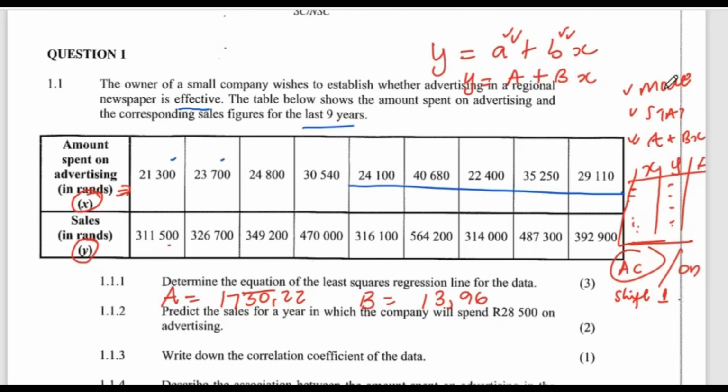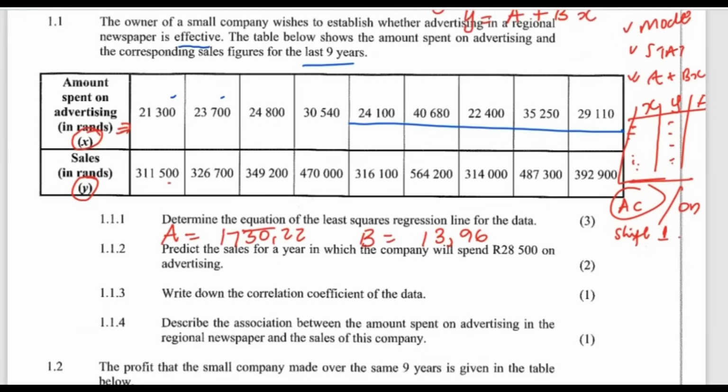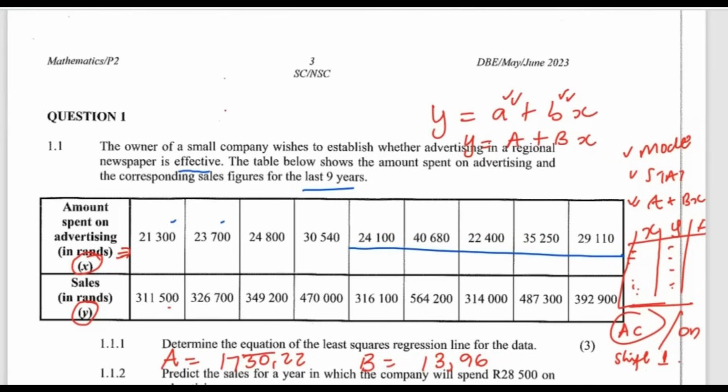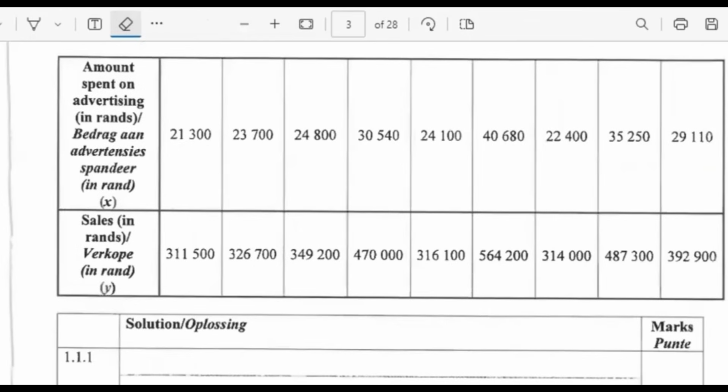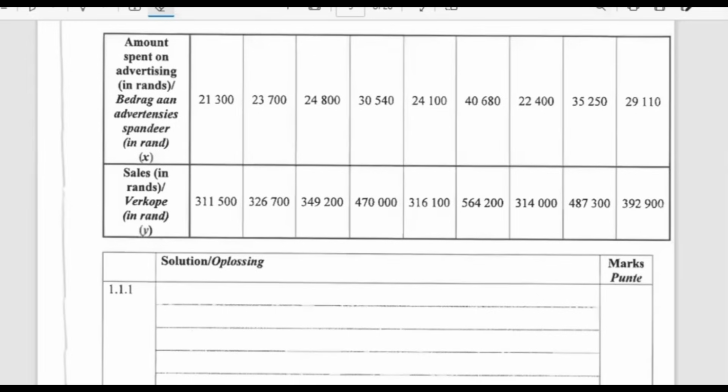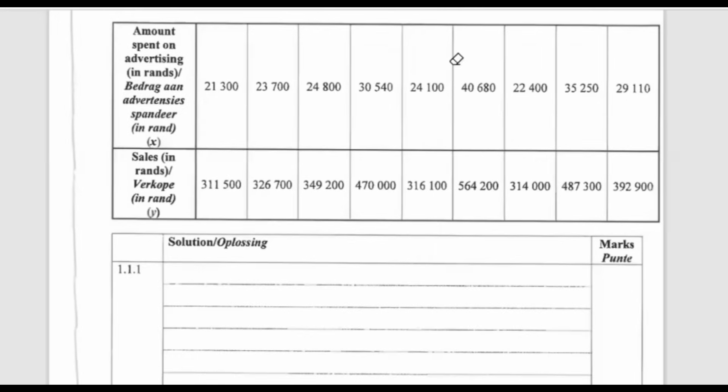Okay. So I want to use the answer book. Let's see if I can access it. Okay. With this answer book, it's more or less the same information for the same table and everything. So we said Y must be the same as A plus BX.